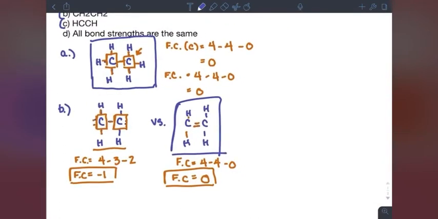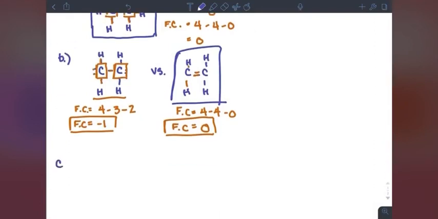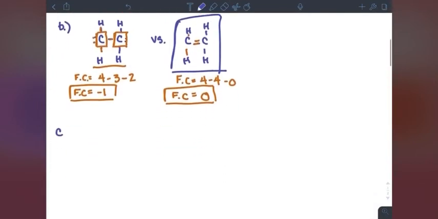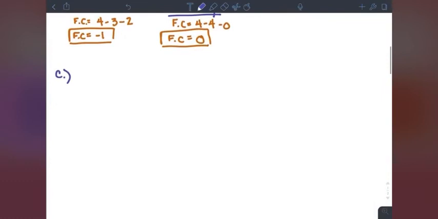Moving on to C here, we're being asked CHCH. Okay, so you have 2 carbons and attached is 1 hydrogen on each carbon. So to fill up its octet, you will either have this versus, this is becoming a trend here, formal charge.